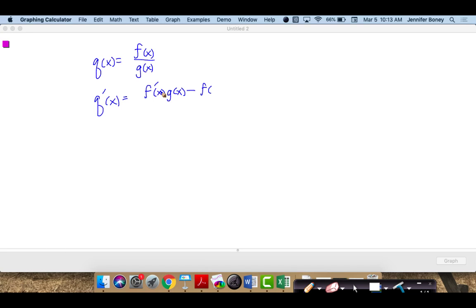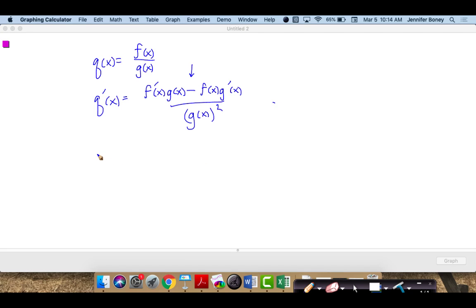Like I could write g first or f prime first, but the subtraction does give us a particular order, where the numerator's derivative is in the first part, the denominator's derivative is in the second part. And I've got this fraction by the time I'm done.